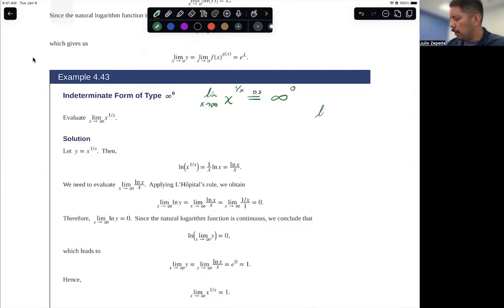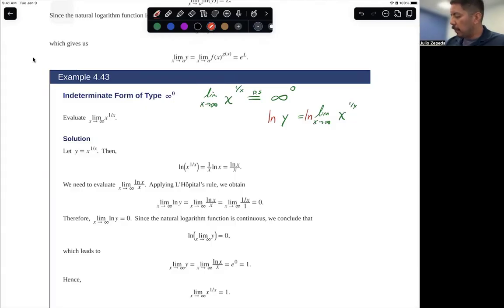Well, here's what we can do. x to the 1 over x, we can apply the natural log function. So we say let y equal this limit here as x approaches infinity of x to the 1 over x, and apply the natural log to both of these sides of the equation.